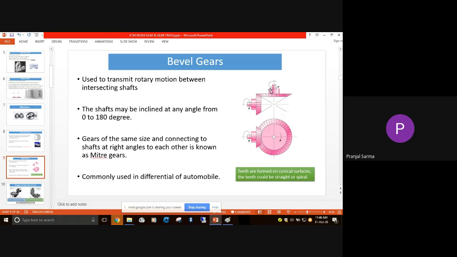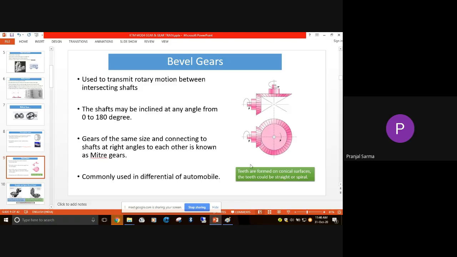Next, if you look at this particular figure as well as the figure below, what you'll see is that the teeth of these bevel gears are formed on conical surfaces.